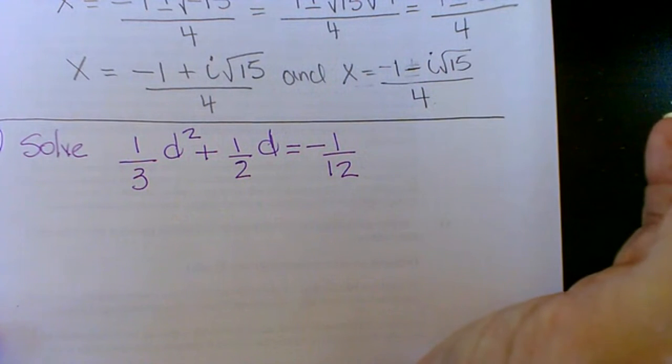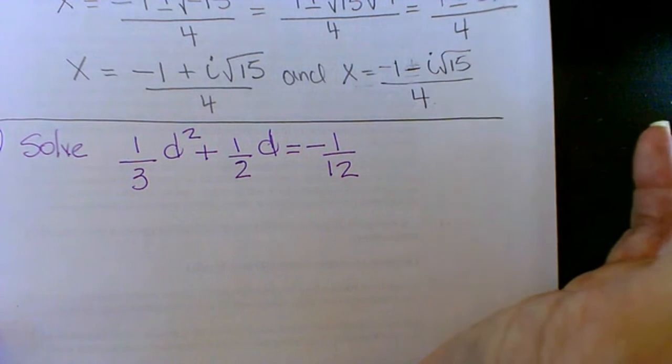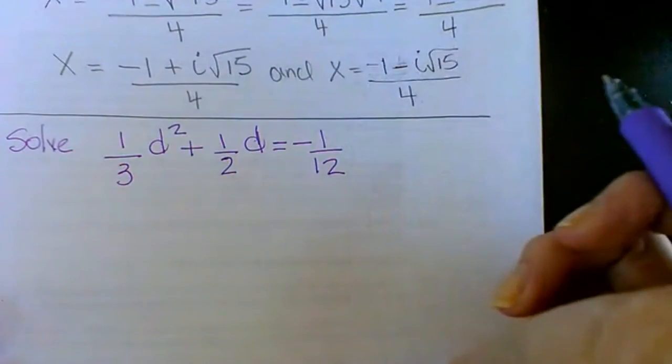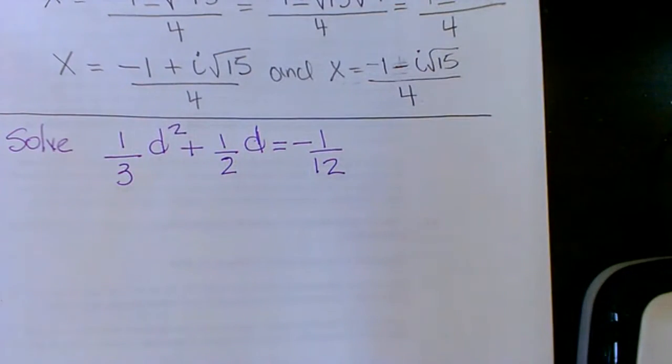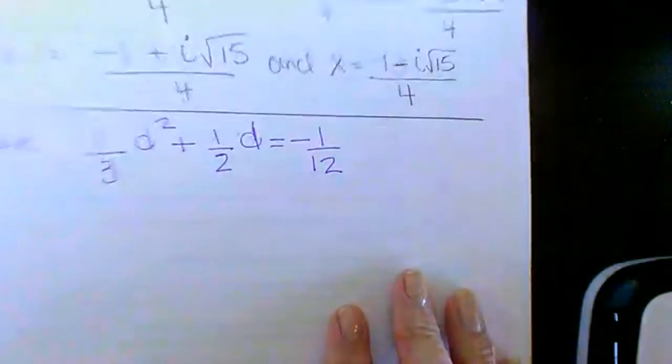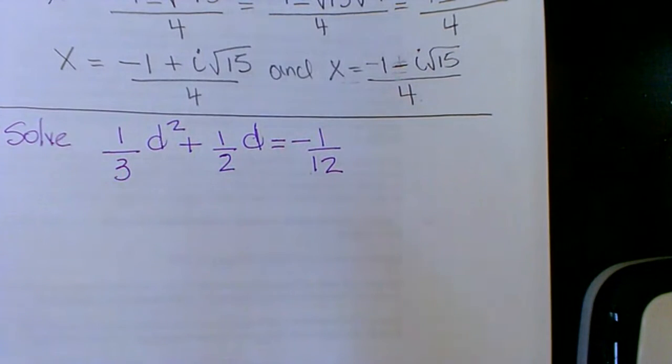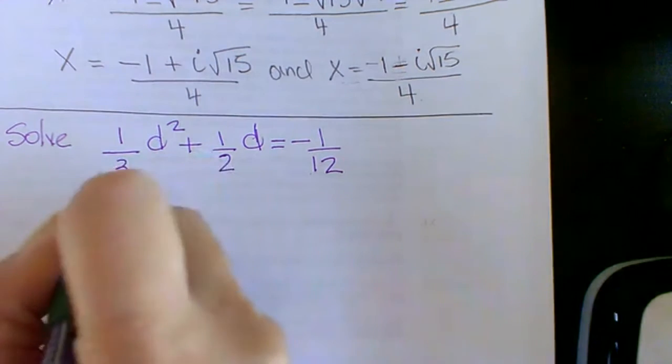Use a comma to separate multiple values. So what do we do first? Move the 1/12 to the other side, right? So let me do that.